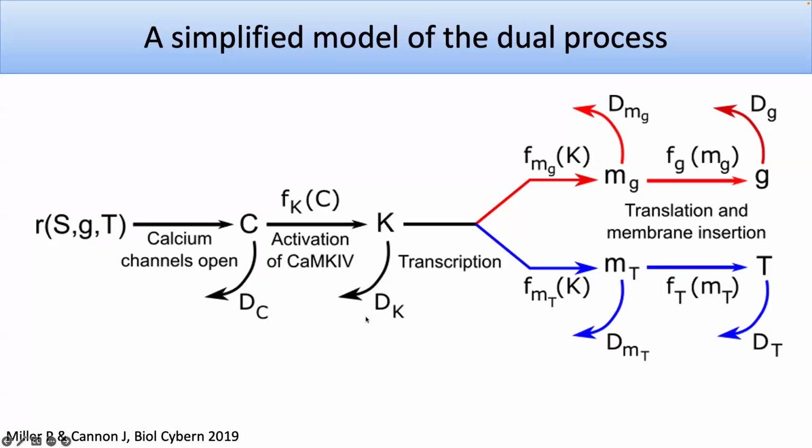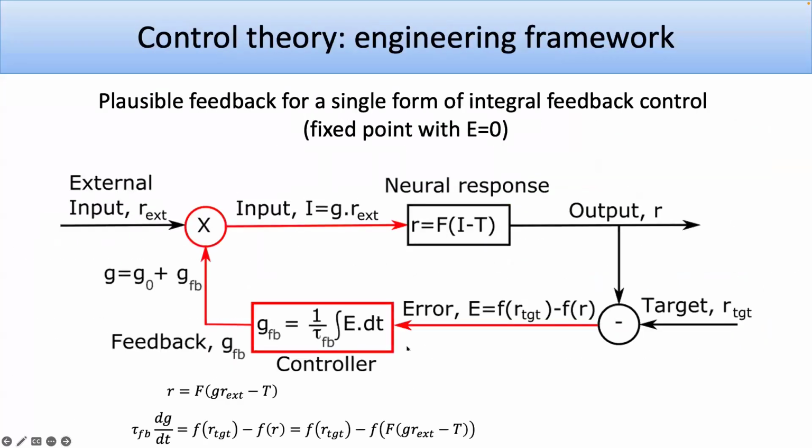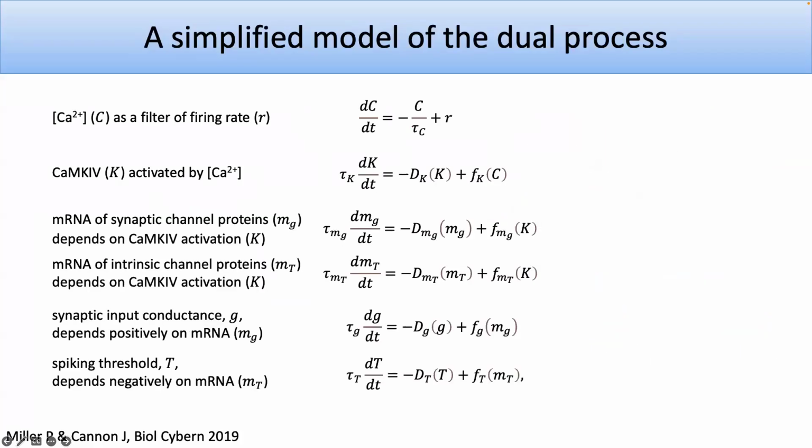If you look back at the engineering framework, to get the control is really this level where you have the integrator. That is what is setting the fixed point and deciding if you have any further change in the system or not. So one question is, how do you get an integrator out of this? The basic way is that we go through these equations, and we've got all these rates of change that depend on the previous step, which is producing the reactants.